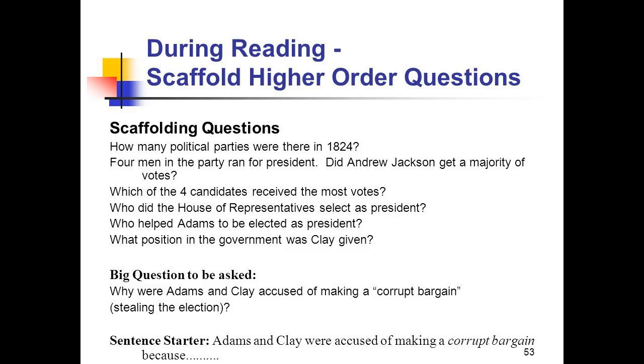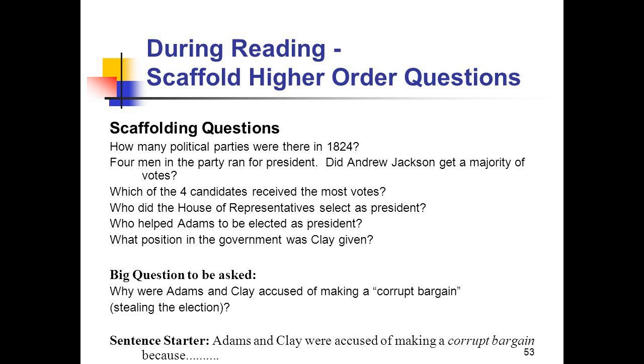So, for this particular example, you might have had them read a passage and then had these questions that you wanted them to consider. A lot of these are lower level questions when you're starting out, such as how many political parties were there? They'd have to discern that through the text. Which of the four candidates received the most votes? Again, this is all information that they would comprehend from the passage.